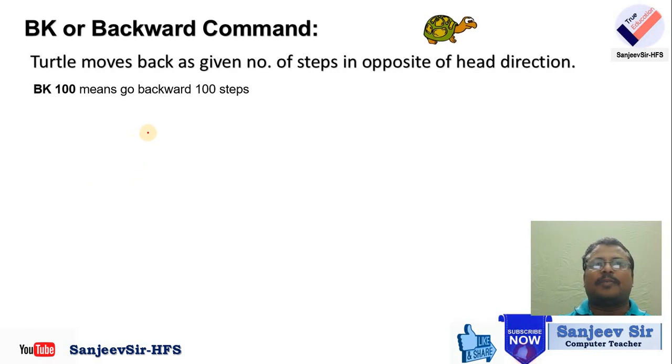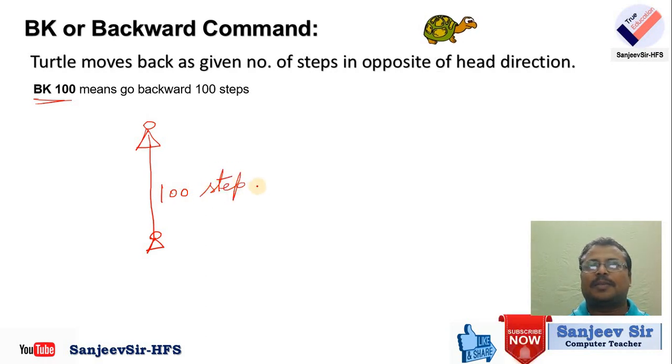Backward, so back means turtle is at this position, and if you have given back 100, that means turtle will come and draw the line in this back direction, and turtle position will be this. So this is 100 steps back.